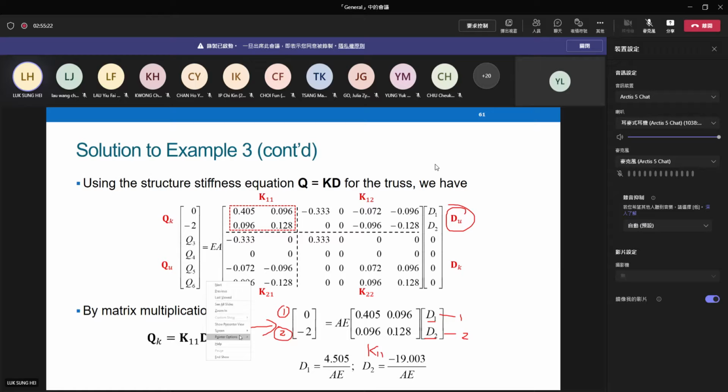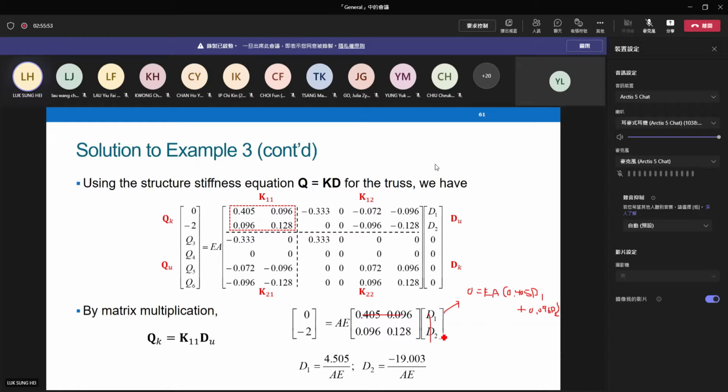The first equation will be something like this: this row and this column, 0 equal to EA times 0.405 D1 plus 0.096 D2.